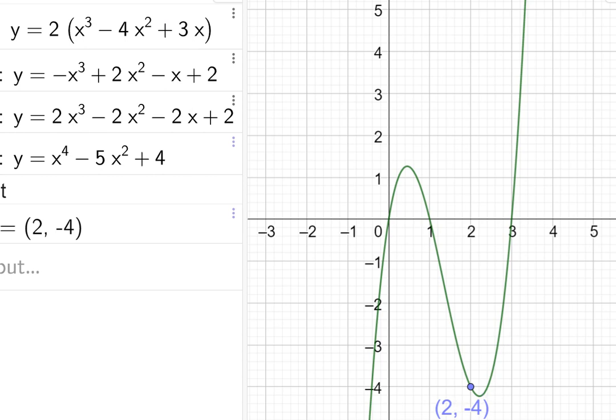Now, if they don't give us a point, or if they don't give us a y-intercept, then we just multiply out the factors and we don't worry about it. But if we have an extra point on the curve, or if we have a y-intercept that isn't also a root, then we can use that to figure out what our constant is, what our factors have been multiplied by. So that is the introduction to our cubic.